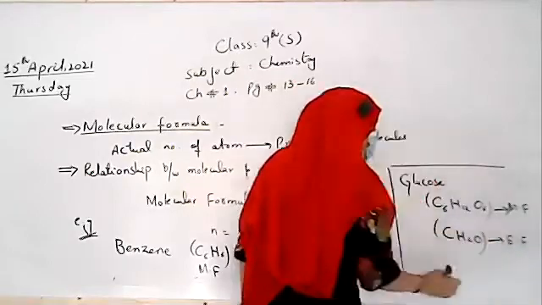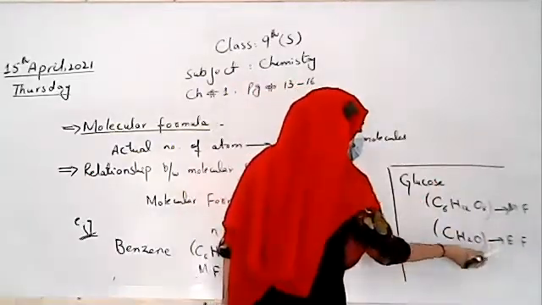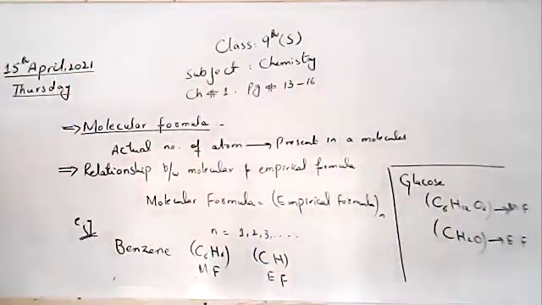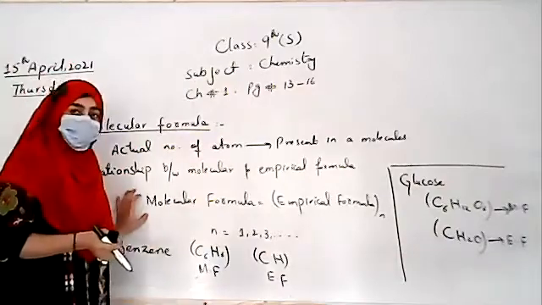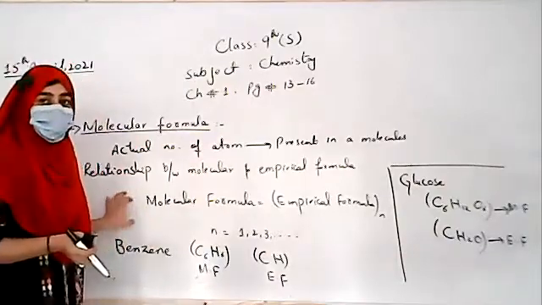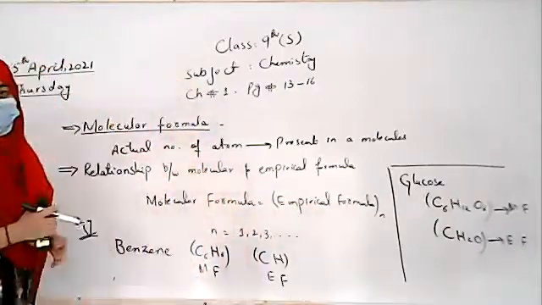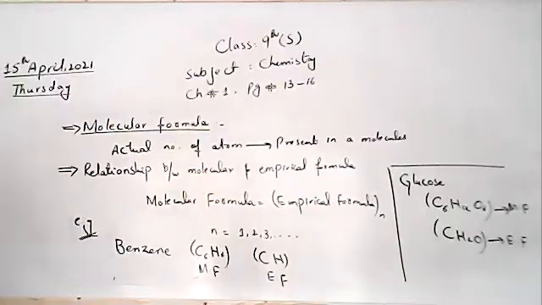If we put 6 here, then we can write again the molecular formula of glucose. So in this way, the relationship between molecular formula and empirical formula is that molecular formula is equal to empirical formula into n, a whole number.